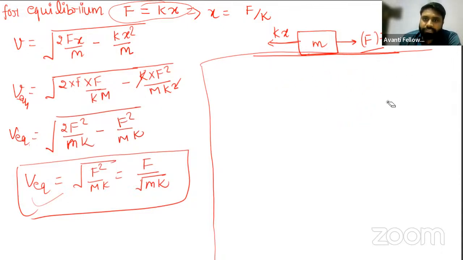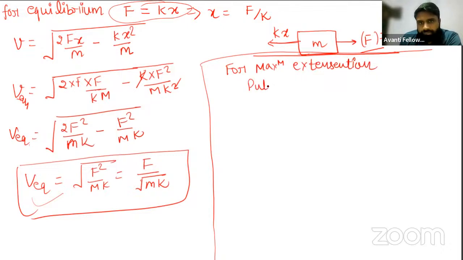For maximum extension, put the speed of the block equal to zero.